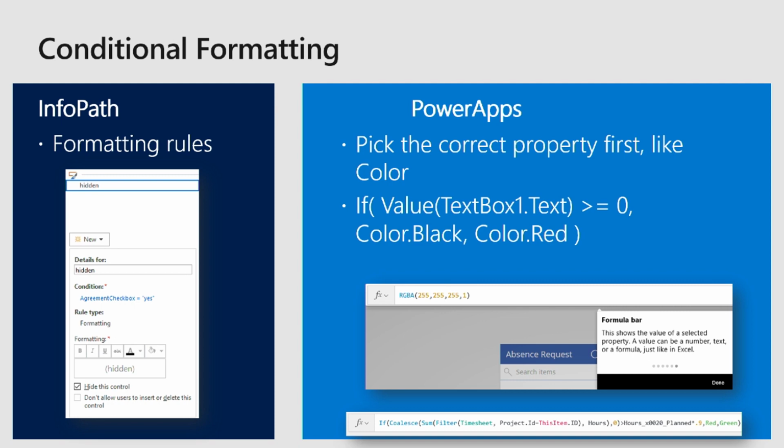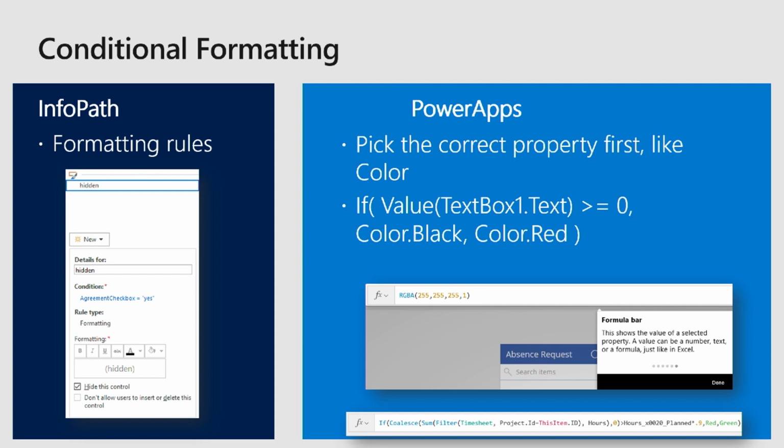Conditional formatting, this is what it used to look like in InfoPath, where you had the same little rules pane that you worked with. And in PowerApps, this is the formula bar. So you have colors, you have things like RGBA, and you can do hex values and just color names in here.